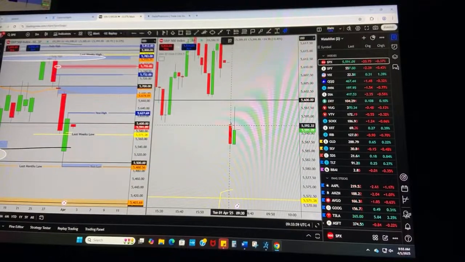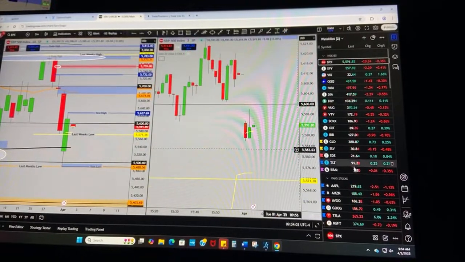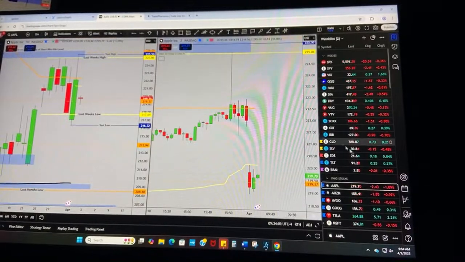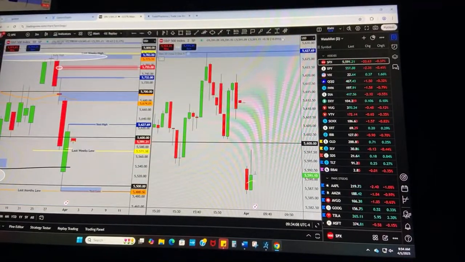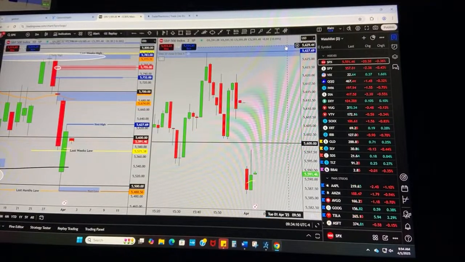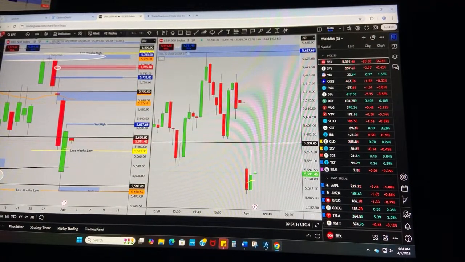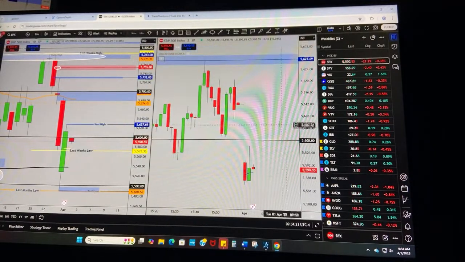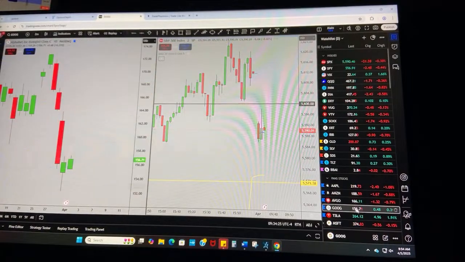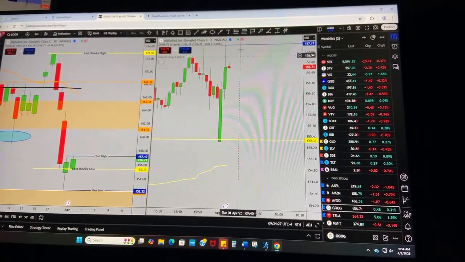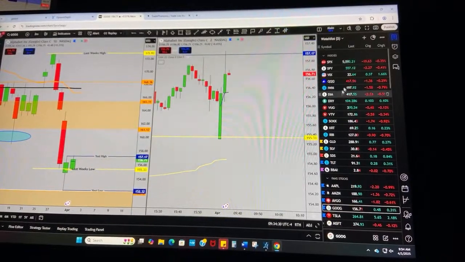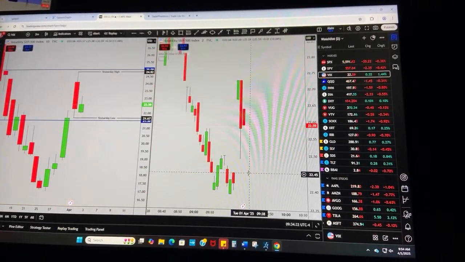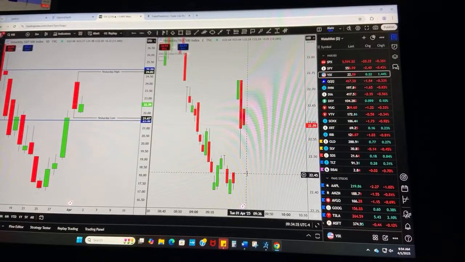I can't get too excited with SPX bullish unless we get above that 5600 level. Google all looking fairly decent, trying to hold there. We have to watch out for a bit of a bull trap here. All right, advance declines decreasing a bit there, so that's a little heavy.